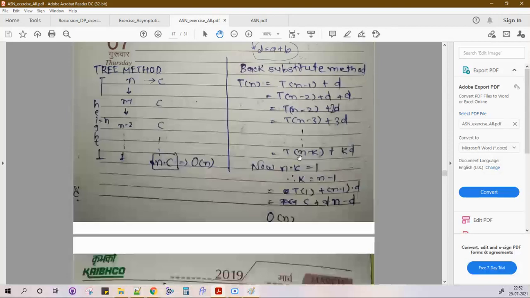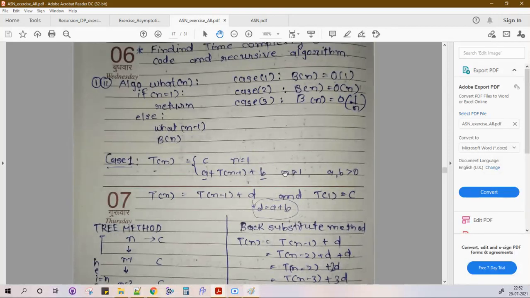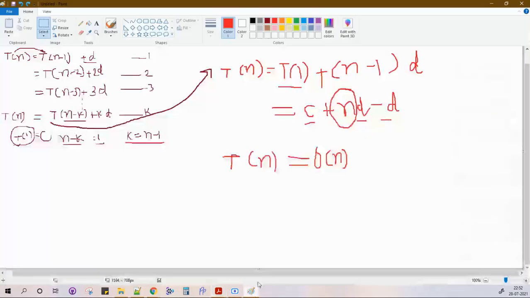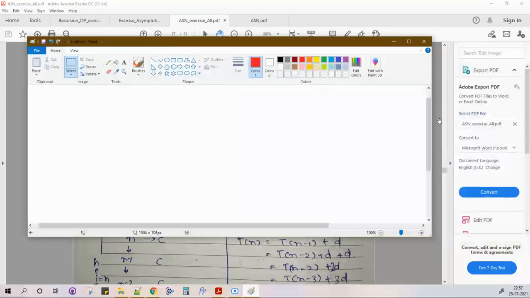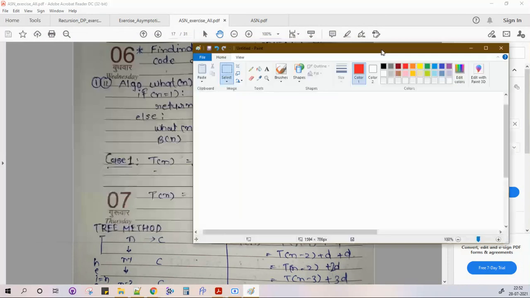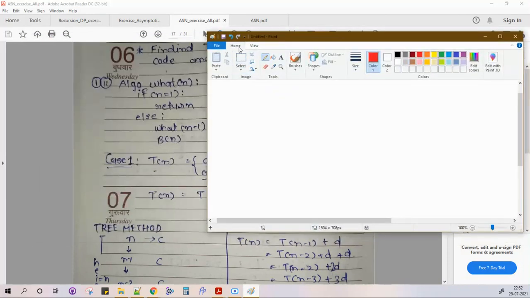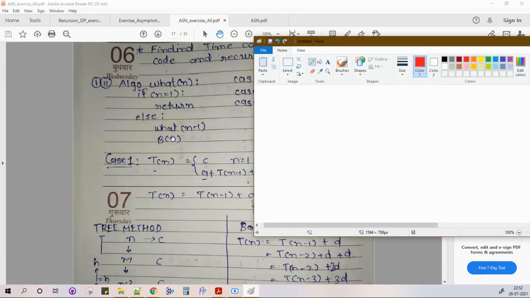Okay, let's take another case when b of n is order of n, right? Now what will happen? Let's try to write the equation. It would be a good exercise and practice for me also. Okay, and believe me guys, I haven't done homework today, so this is the first time I'm solving. So b of n is nothing but order of n. Now what will happen? So t of n is equal to c when n equal to 1. This is trivial, correct? Otherwise, I will make some comparison that is order of a constant time.